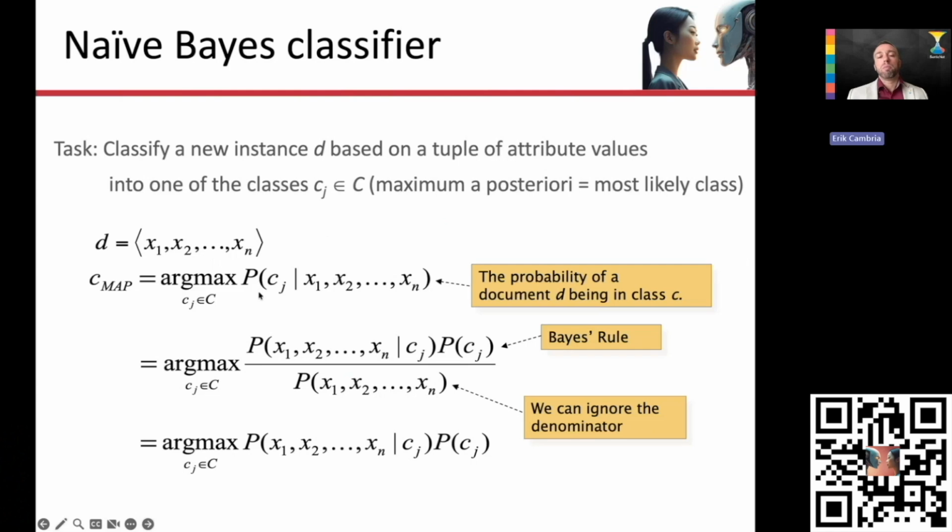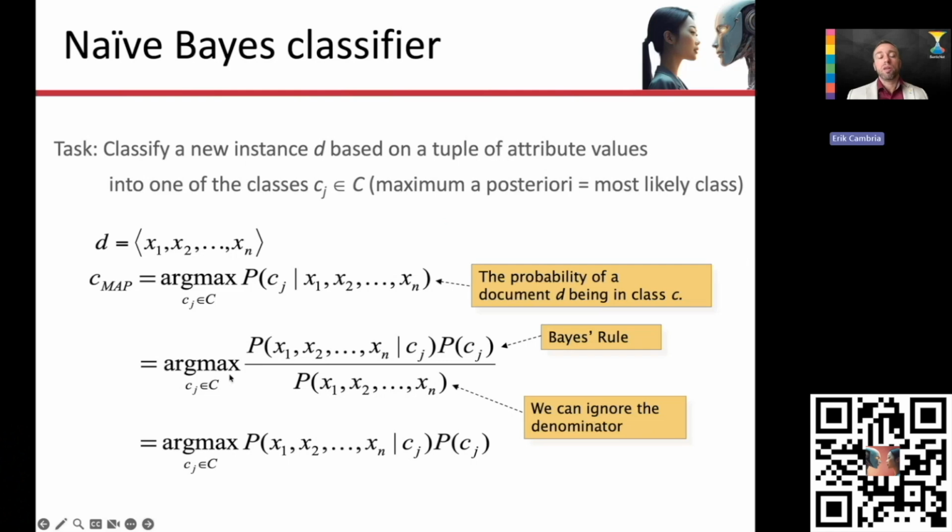So this is the probability that I'm after: given the words that make up the document, decide which class this document belongs to. I can use the Bayes rule to replace this very difficult probability with this one. And then, since I'm looking for a max, I can ignore the denominator.